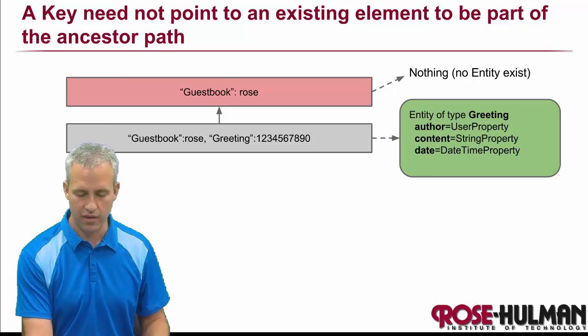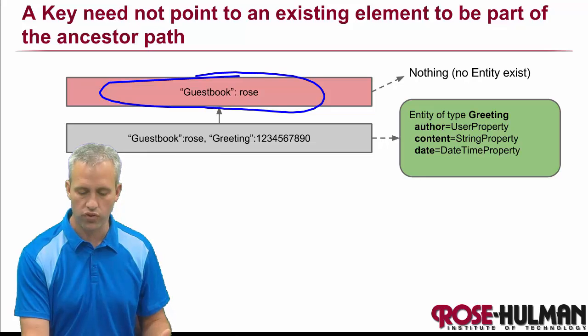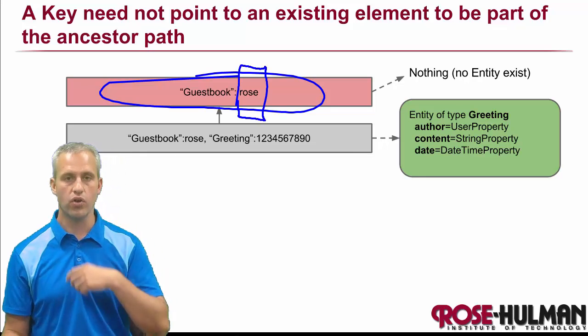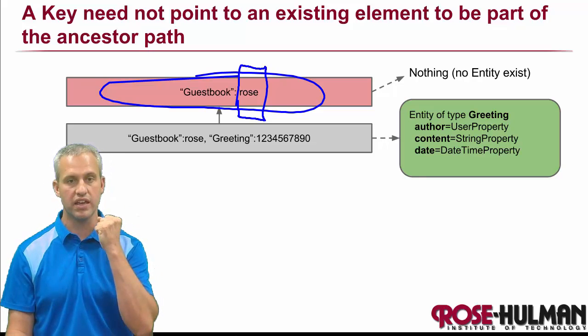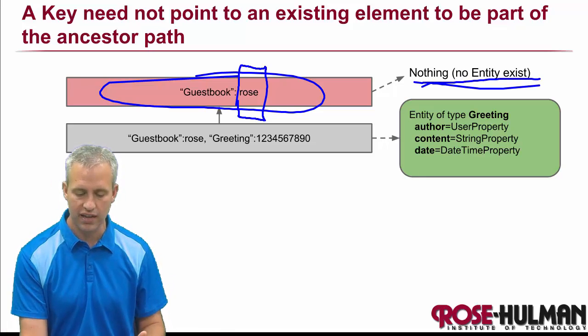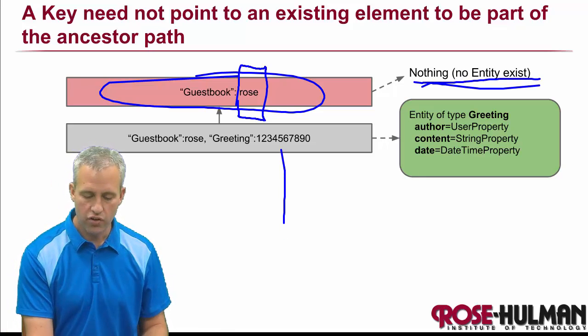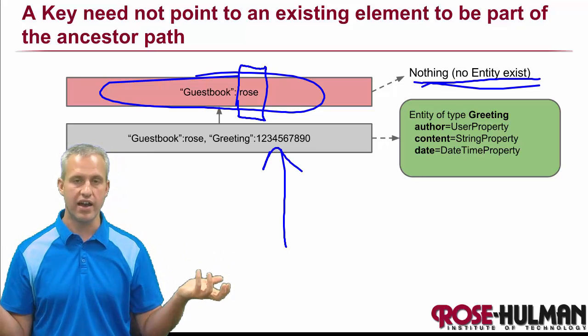So the guest book did the exact same thing, right? So they had a key, which was a guest book. The ID was whatever name you gave it. So for example, if you made a guest book with the key name Rose, that's the key. It didn't point to any entity. And then you'll notice that the greetings, they let a randomly generated ID come together.